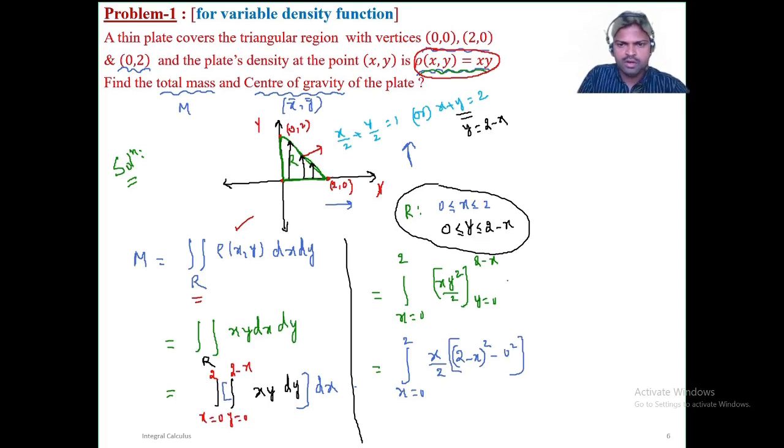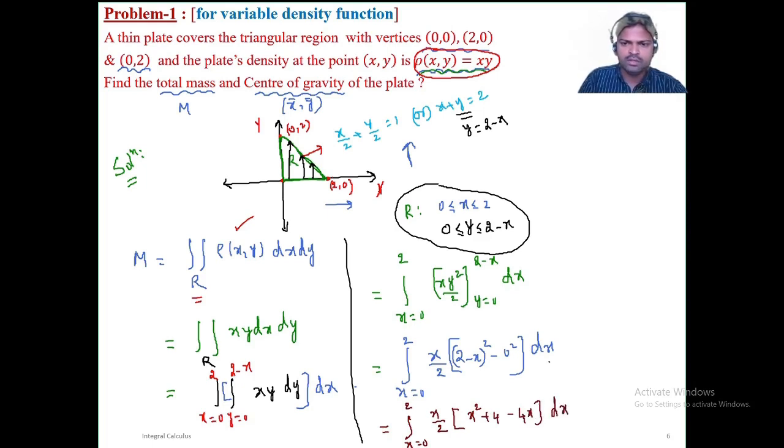After that with respect to x we evaluate, dx. Expand it: x by 2 into a minus b whole square, so a square plus b square minus 2ab, that is 4 minus 4x plus x square, into dx.